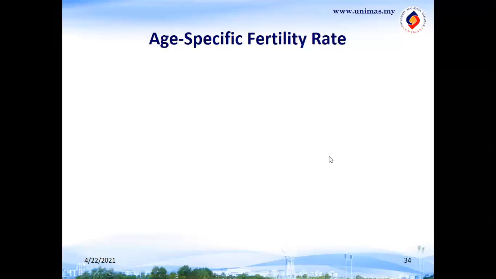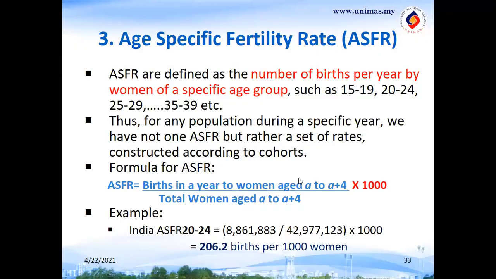Then also in the beginning, 15 to 19, it is very small. So that's the idea of studying the age-specific fertility rate. It has its uses, and that's why it is used here for some specific purpose.